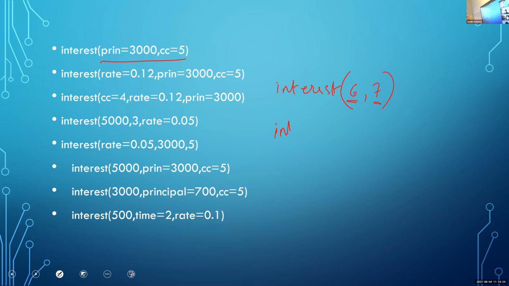In the case of default argument also, we are just giving values without the argument name. But in the case of keyword or named argument, we are giving values along with the argument name. Here 5 along with CC. CC is the argument name. 3000 is the value and PRIN is the argument name. So we are giving values along with the argument name.